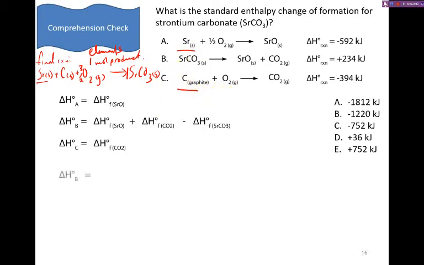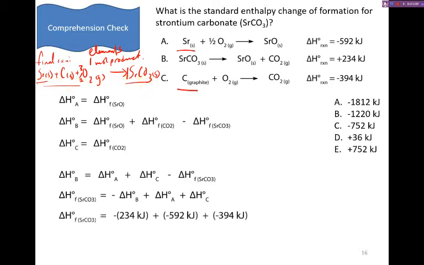So our net reaction is going to be negative enthalpy for B plus A plus C. And you can rewrite all of them out, and you will indeed see that we get our desired reaction. So when we combine together the enthalpies, make sure that you're accounting for the change in sign for reaction B. We get negative 1220 kilojoules.